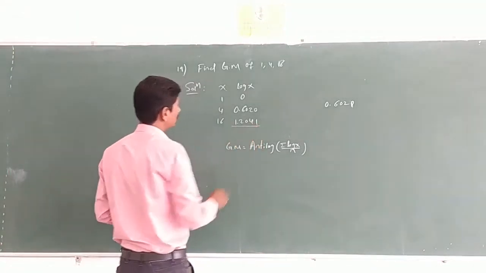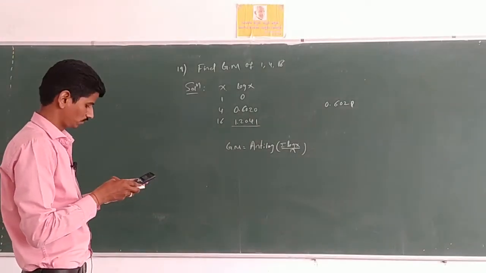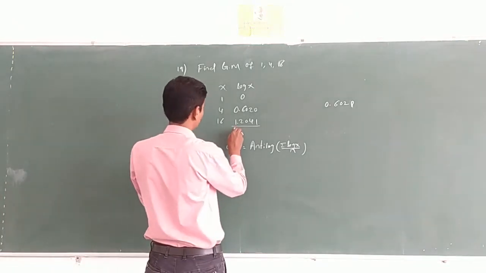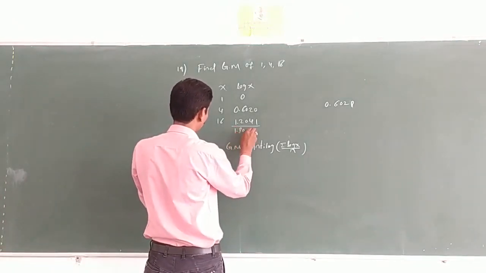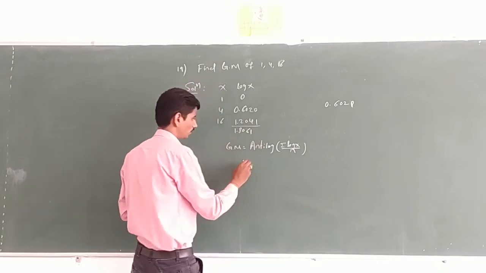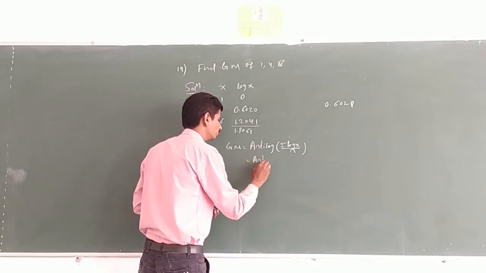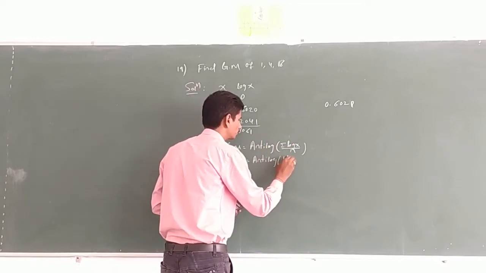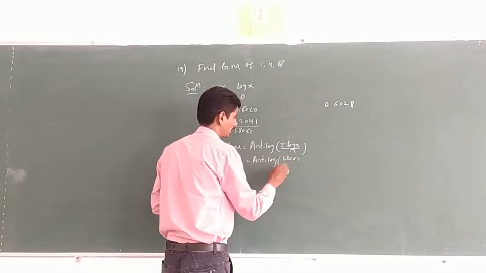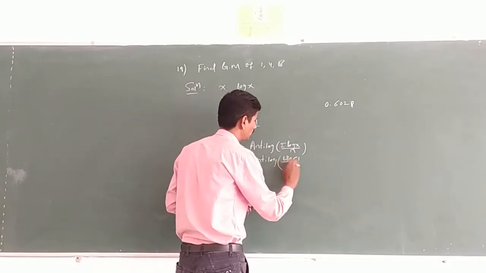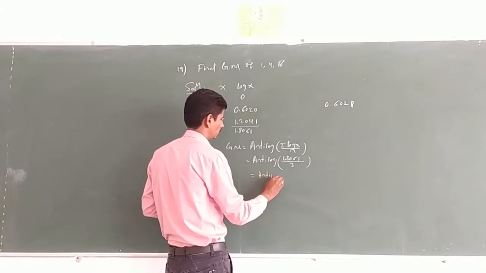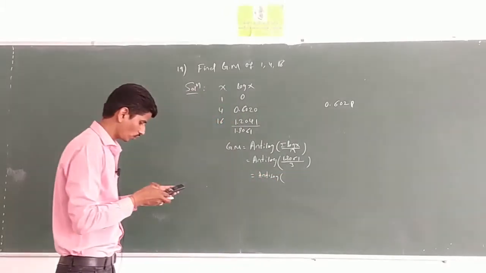You want the sum of log x, which is 1.8061. Then substitute the values: antilog of sum of log x, which is 1.8061, divided by 3.